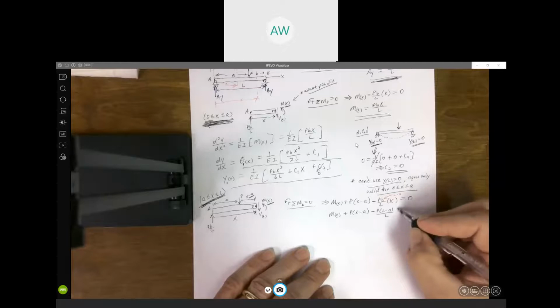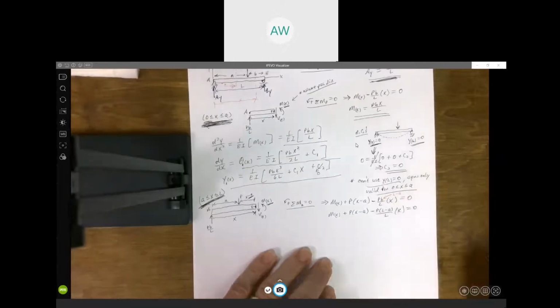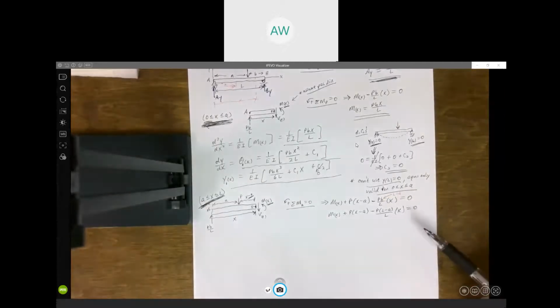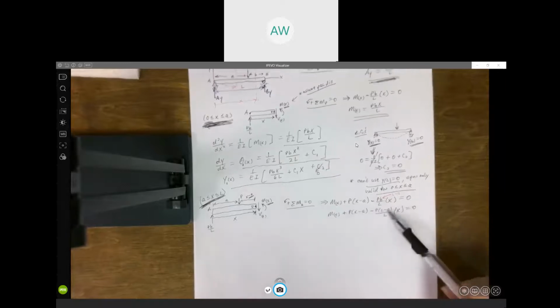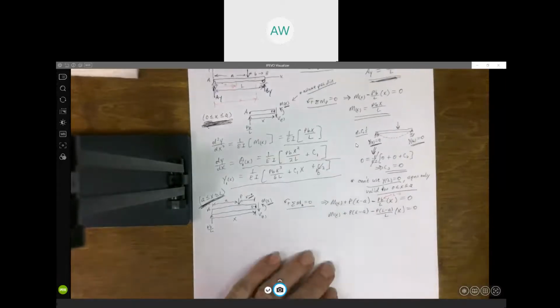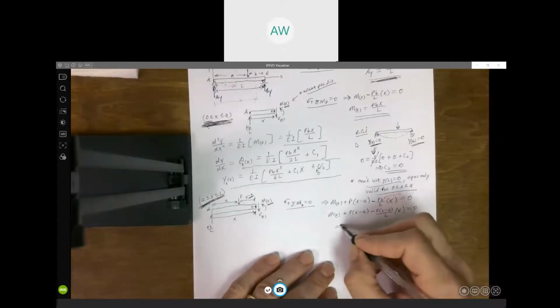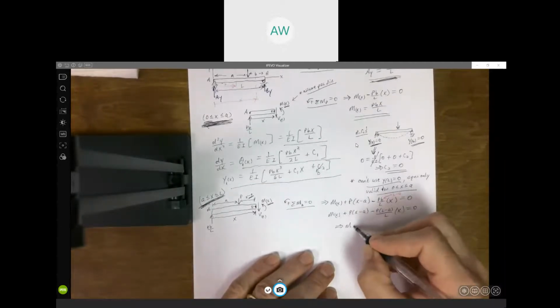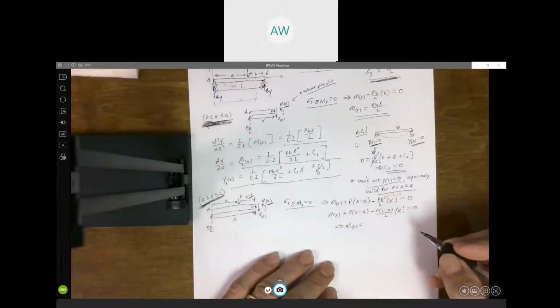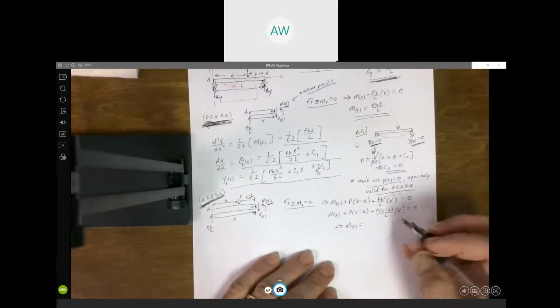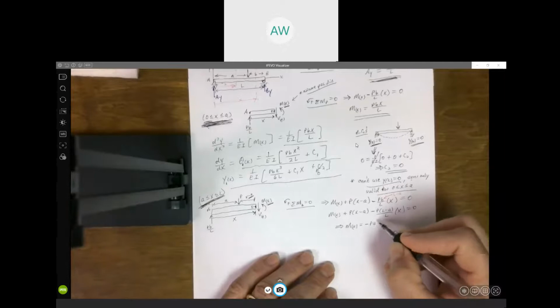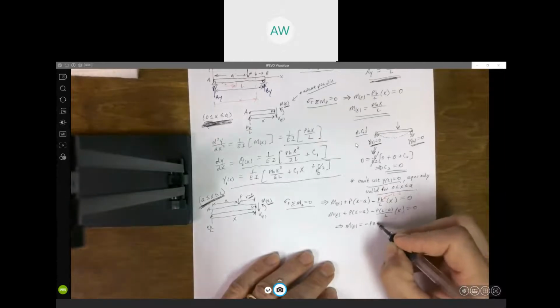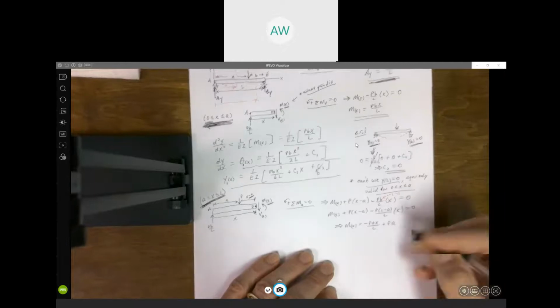Again, all of that would be times x. And I'm going to skip just a little bit of algebra here, but you multiply this out and you combine some terms. You move them to the other side, the signs are going to change. So I'm skipping a little bit of algebra. But I wound up with minus PA times x over L plus PA.